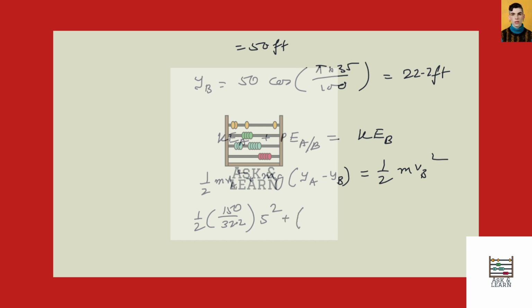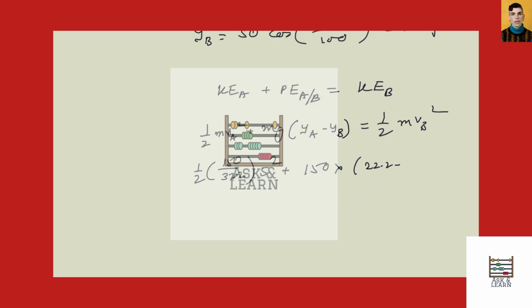Plus this is 150 over 32.2. Here you have got 150, mg is 150 times the difference of height, which is 50 minus 22.2, that is equal to half times 150 over 32.2 times V B square.